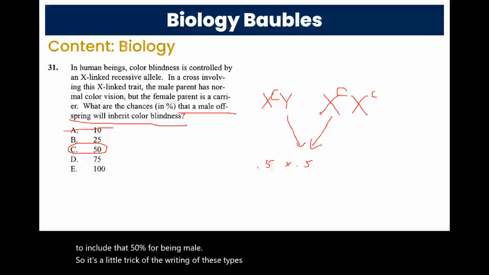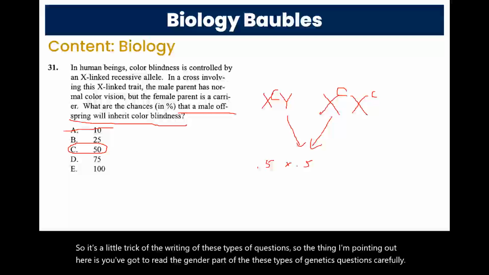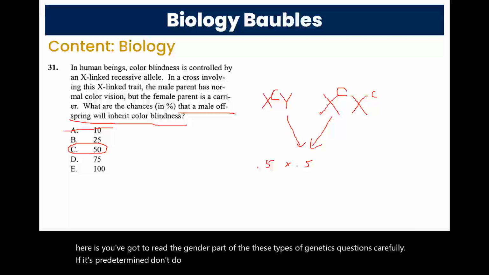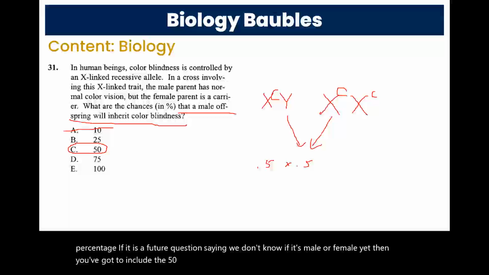So the thing I'm pointing out here is you've got to read the gender part of these types of genetics questions carefully. If it's predetermined, don't do the and part. You don't have to do the gender times the other percentage. If it is a future question saying we don't know if it's male or female yet, then you've got to include the 50% for the gender part of it.